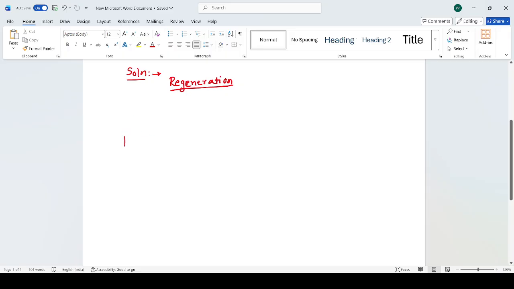I will start here with, let us say, initially a compressor. And I will place here a heat exchanger that we call a regenerator, or the regenerative heat exchanger.